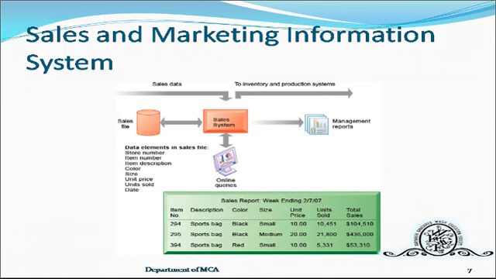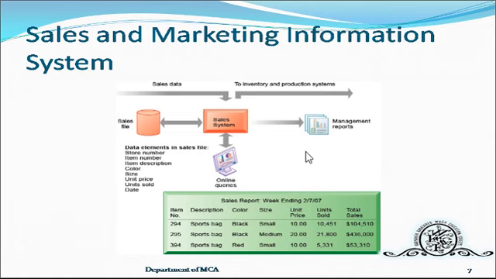This sales file may be given as input to the sales system to generate the reports from that system. These reports we have to provide to the management. This sales system data also gives the output to the inventory and production system.